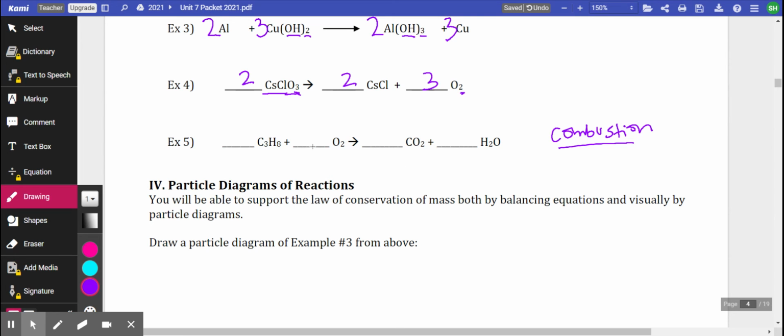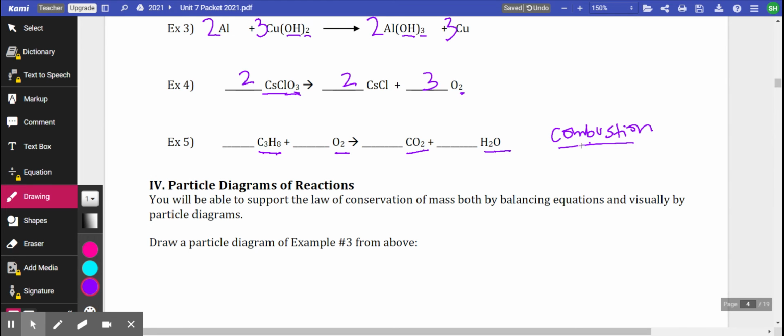Right, so I know this is a combustion reaction because I have something here called a hydrocarbon, meaning there's carbon and hydrogen. It's reacting with oxygen gas, and the products are always CO2 and water. So if I run into a problem where I have a hydrocarbon reacting with oxygen to make CO2 and water, I'm going to say, oh, that's a combustion reaction.